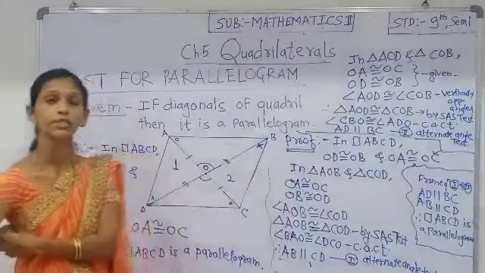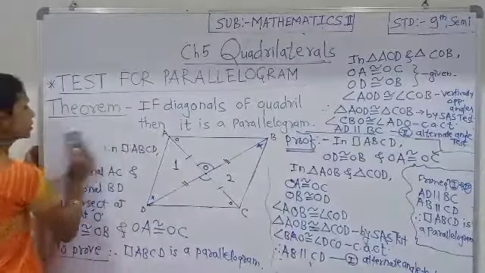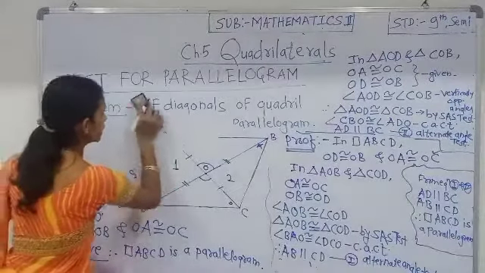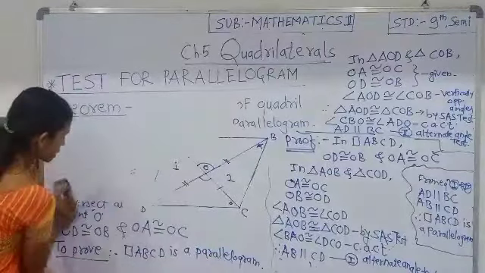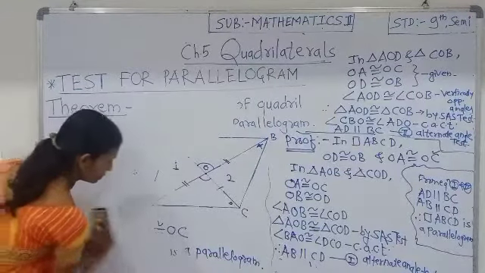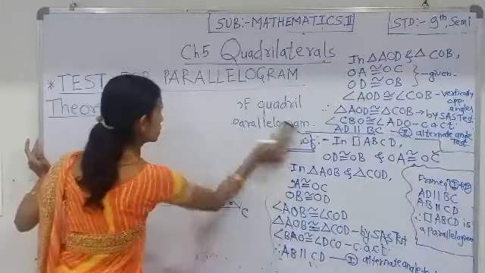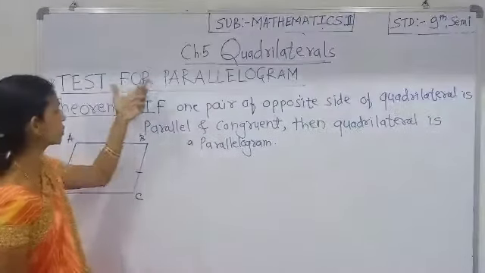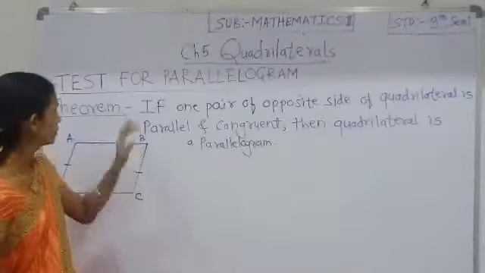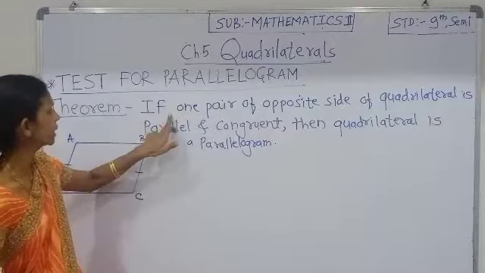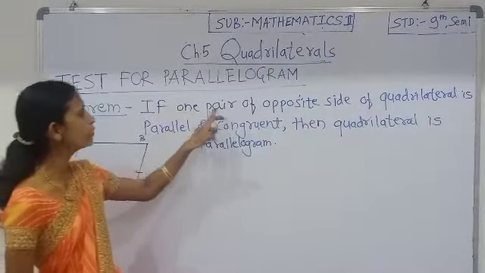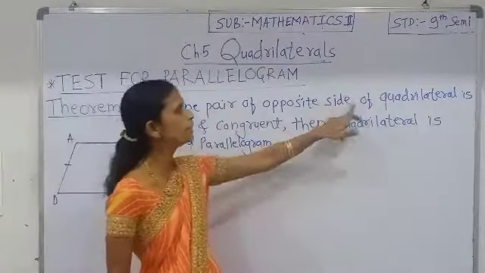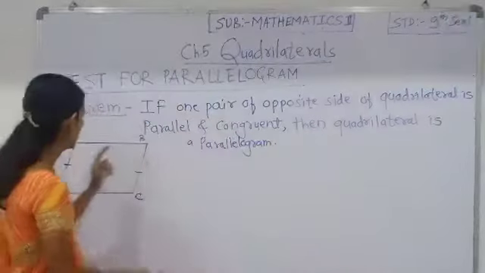Then we will discuss one more theorem that is given in the test for parallelogram. See here that property: if one pair of opposite sides of a quadrilateral is parallel as well as congruent.